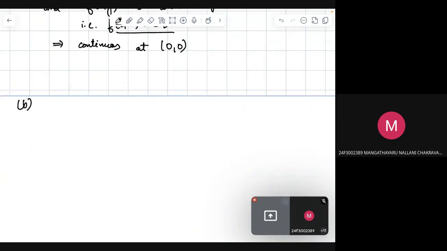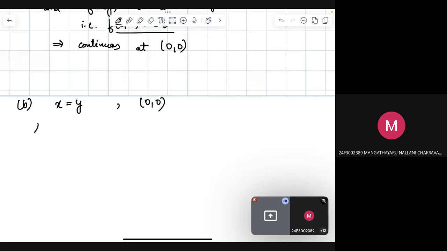Let's take x equal to y to be that direction, and the point is given as (0, 0).